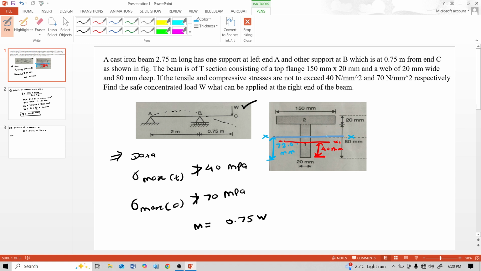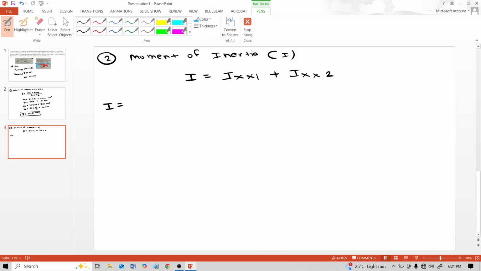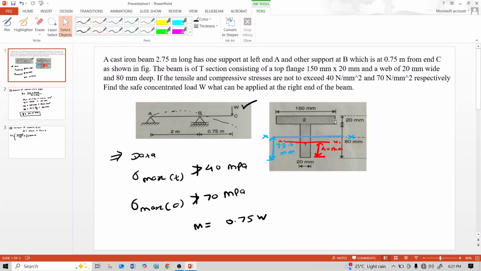So first we have to calculate the moment of inertia about this red line x1 axis for the web part. The dimension parallel to the x1 axis is 20 mm, so 20 multiplied by 80 cube divided by 12, plus the area of the web part, 1600, multiplied by the square of the distance between the x axis and the x1 axis.